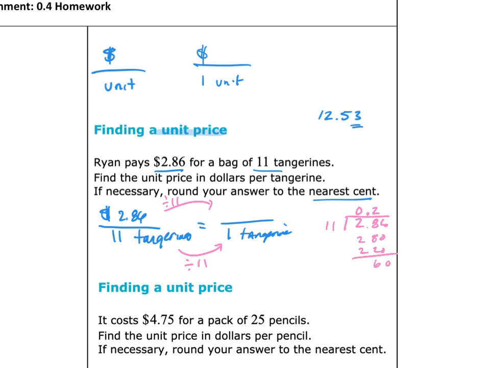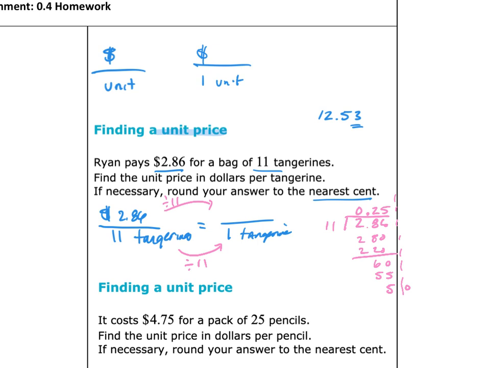Now 11 will go into 66 five times, and that gives me 55. Remember, this is my cent, my hundredths place. That's as far as I'm going to go, but I do have to know if I can round up or down. So I'm going to have 5 left over.